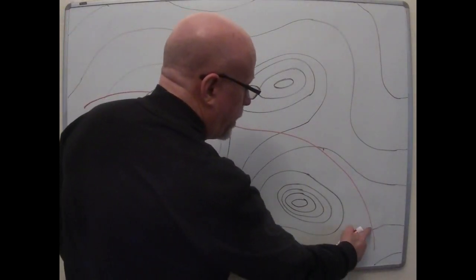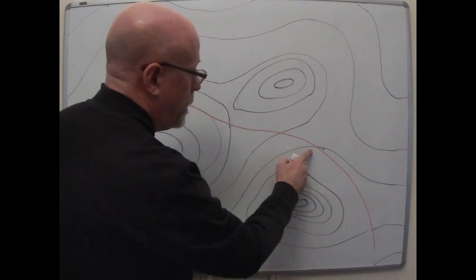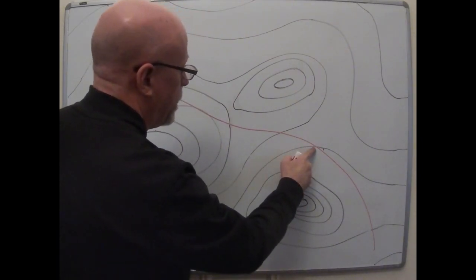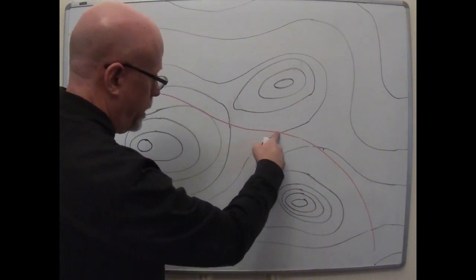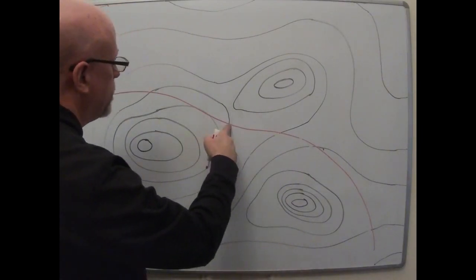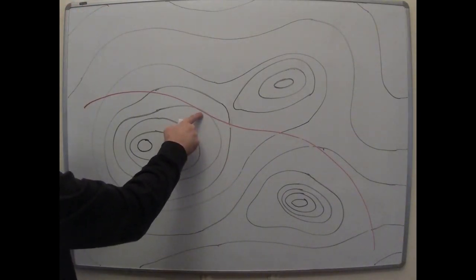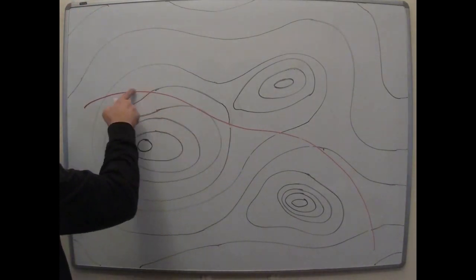Right here, I'm going uphill, but then I'm going back downhill, returning to the same level. Here, I'm increasing a bit to get to that elevation, and then increasing some more to get to that elevation, increasing yet more to get to this next line, and then decreasing.